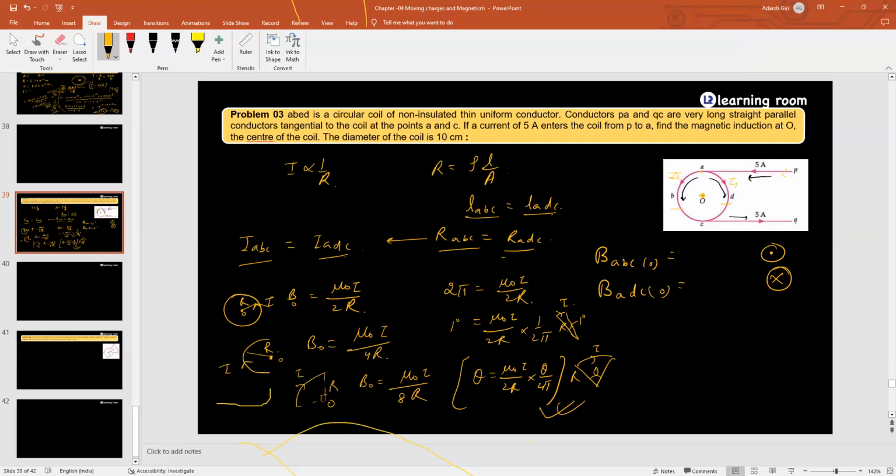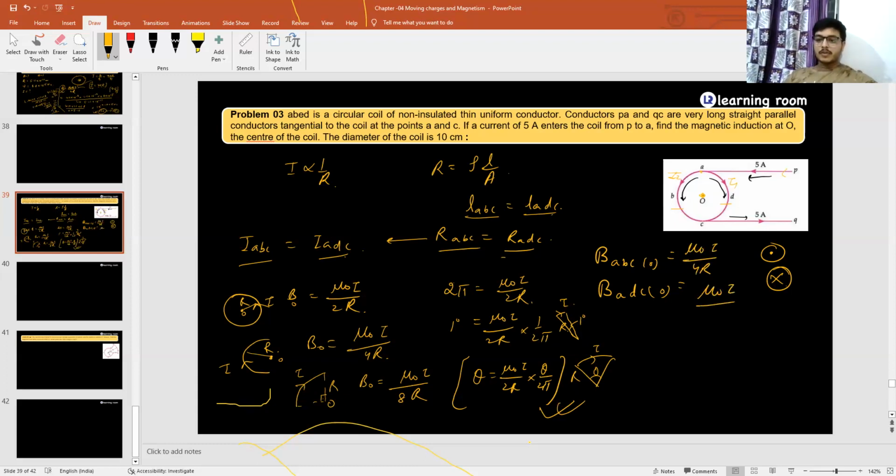Yes, sir. So B due to ABC is mu naught I upon 4r. B due to ADC is mu naught I upon 4r. In both cases, the radius is the same, the current is the same. We just proved it here. And they are equal and opposite. B due to ABC is equal to minus B due to ADC, right?